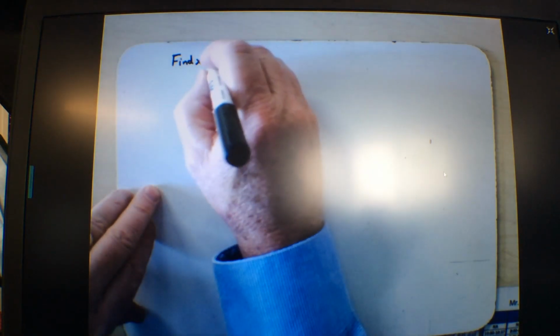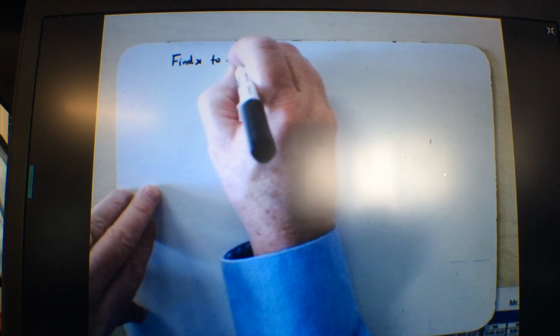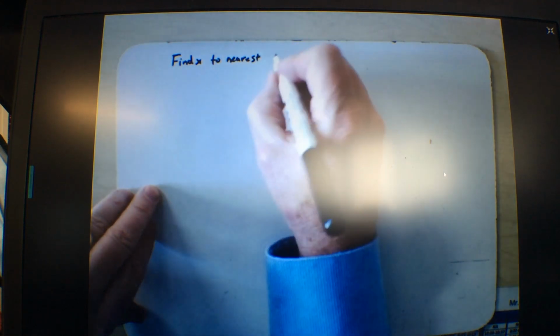Really what trig helps us to do is solve triangles that we don't have an answer for. For example, let's say it says find x. Let's find x to the nearest hundredth.